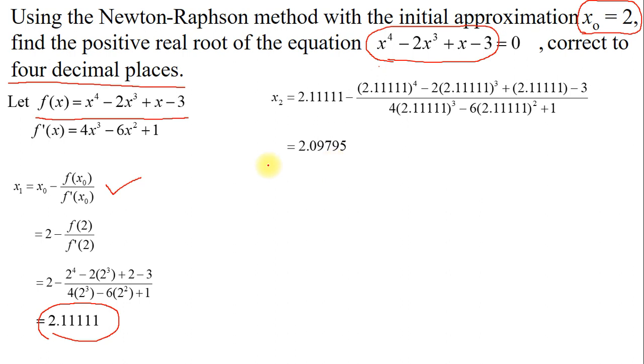Now in STPM, the examiner requested that we must show the working for the first 2 approximations. Take note, listen carefully. For STPM, it is compulsory to show the working of the calculation for x1 and x2.